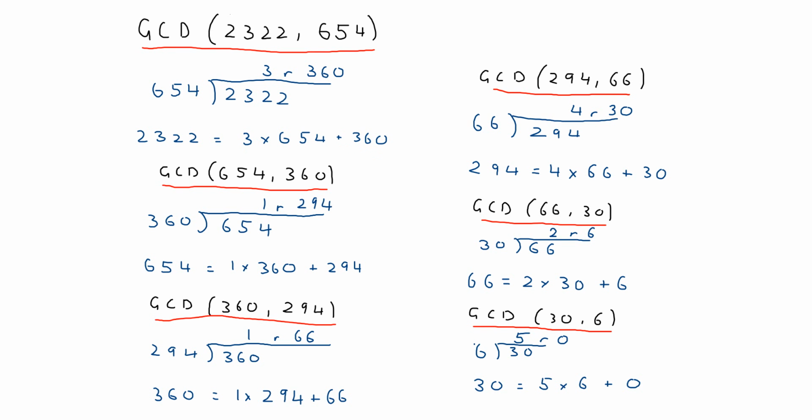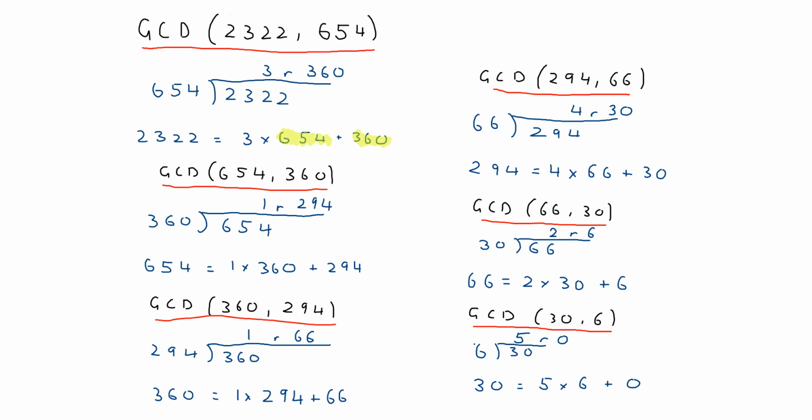So now I want to find the greatest common divisor of 654 and 360, the divisor and the remainder. So I do it again. GCD of 654 and 360. I divide 360 into 654, and I get 1 with a remainder of 294.